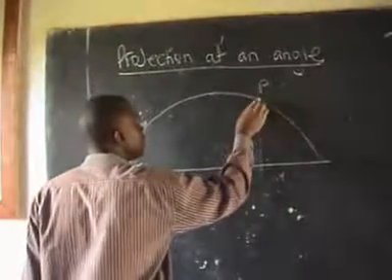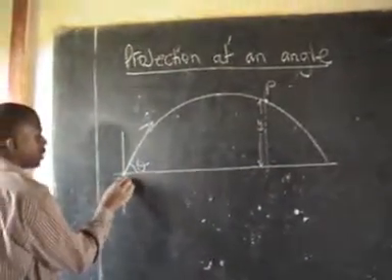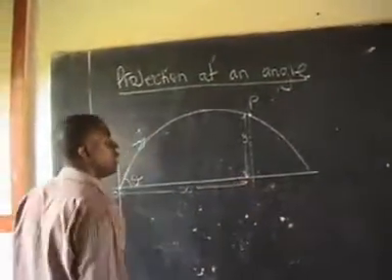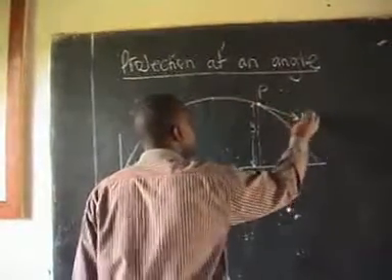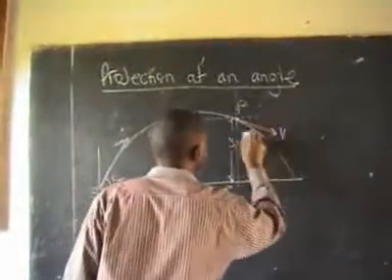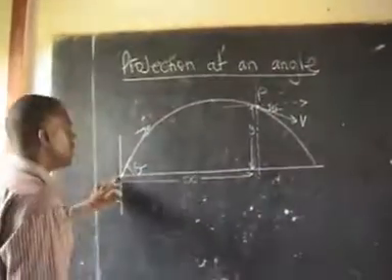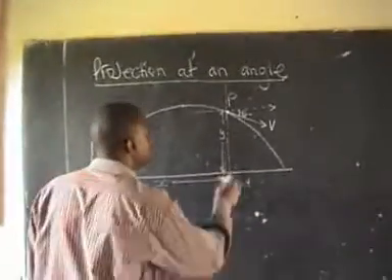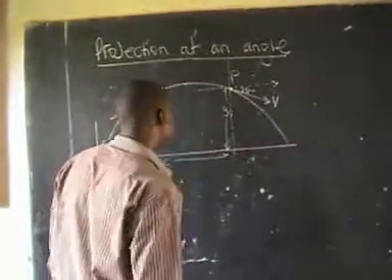I'm going to call this Y, and it will also have moved through a horizontal displacement which we are going to call X. The instantaneous velocity at this instant, if I call it V, again this V shall be having components. It shall be having a component along the horizontal which remains the same as that at this instant, and also a component along the vertical.